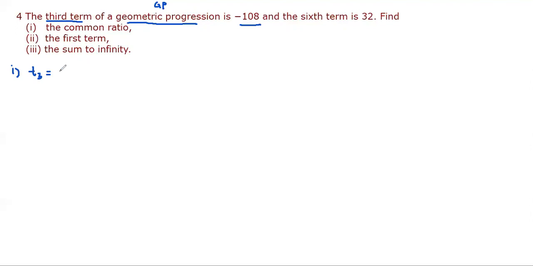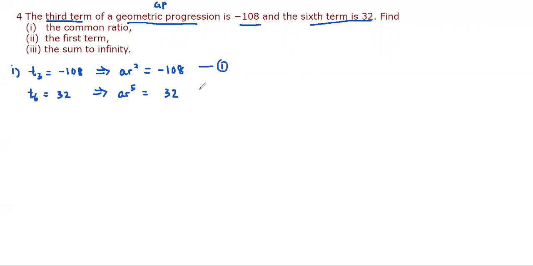The third term is given by ar squared for a geometric progression, and this is negative 108. The sixth term is 32. The sixth term is given by ar to the 5, and that equals 32.